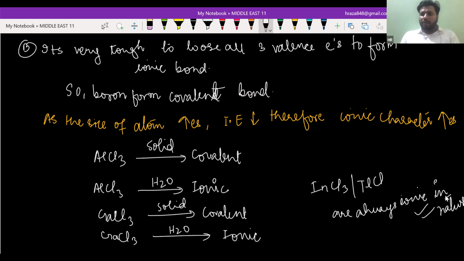So it's easy to lose electrons, then it forms ionic bonds. Please write it.